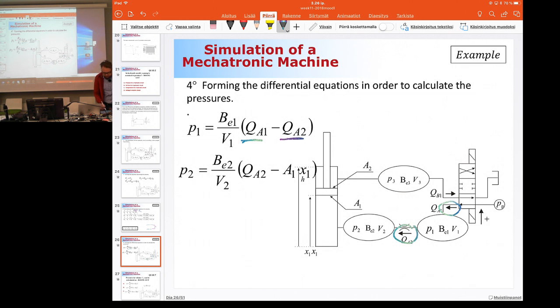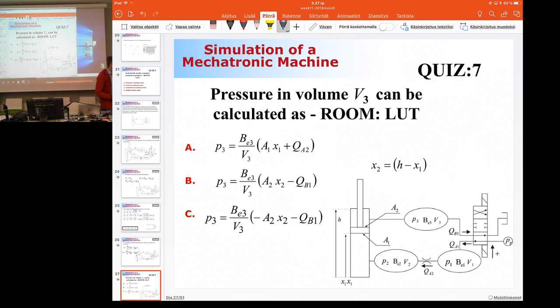Okay? Here in the second volume, this was leaving here, but it's coming into the second one, so that's why it is plus. The piston motion in this direction is positive. So when it's moving in this direction, it's sucking the flow rate off from this volume, so that's why it is minus. Then the third one, the one that I was about to ask, is now visible here.